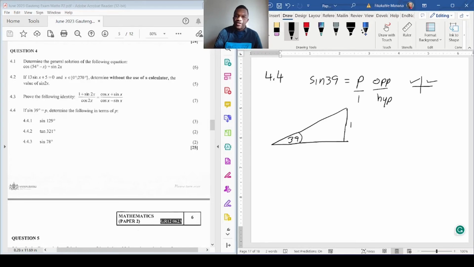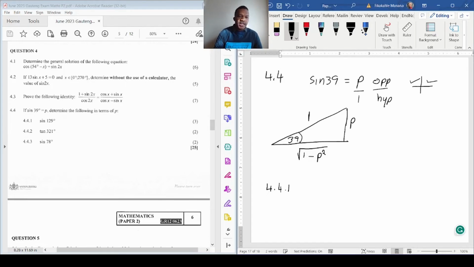So the opposite is p and the hypotenuse is 1. Always just introduce a 1 there. And then for this one we'll do Pythagoras once again. It's going to be 1 squared, which is just 1, minus p squared. 1 squared is 1, so we don't have to put the square there, but we can in theory.